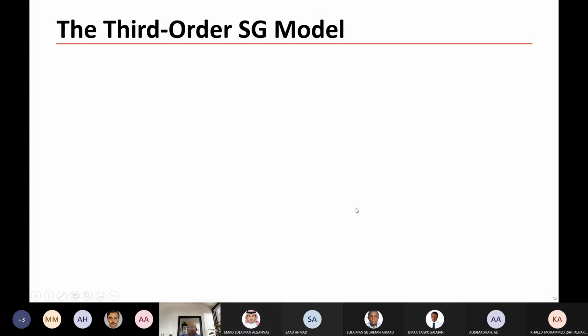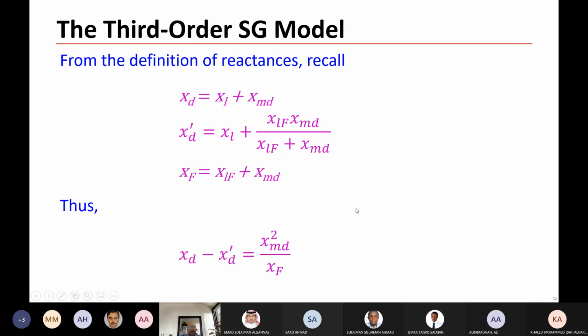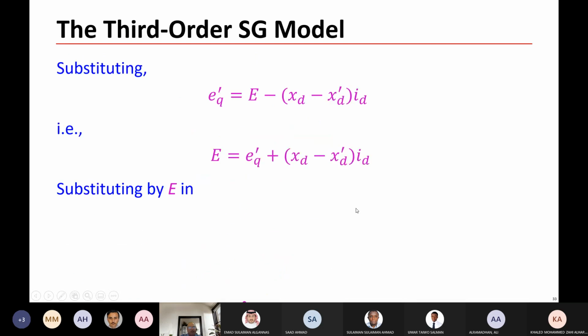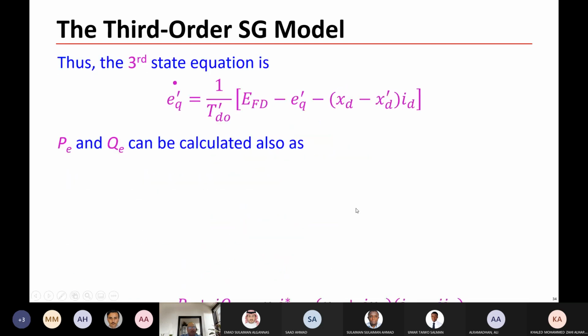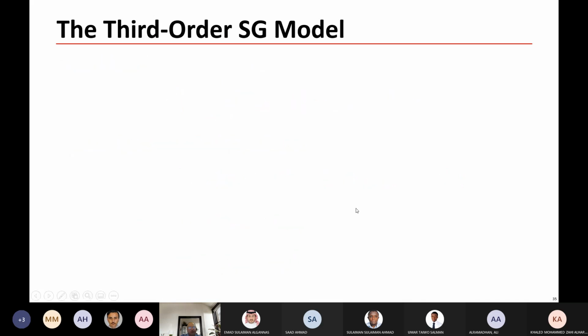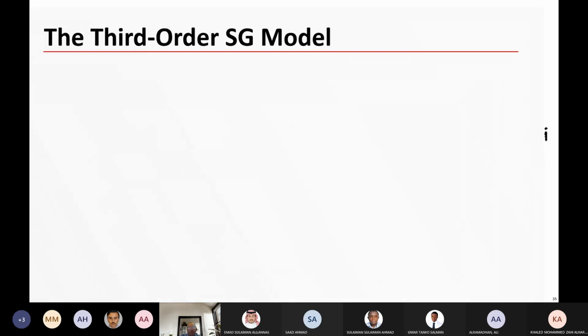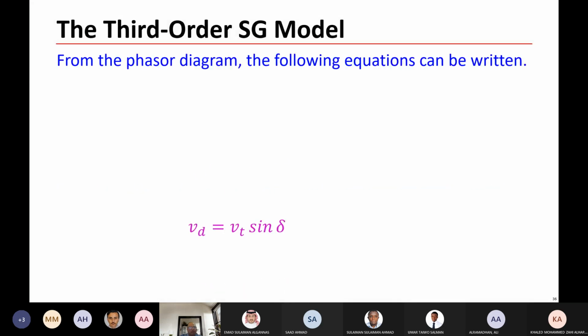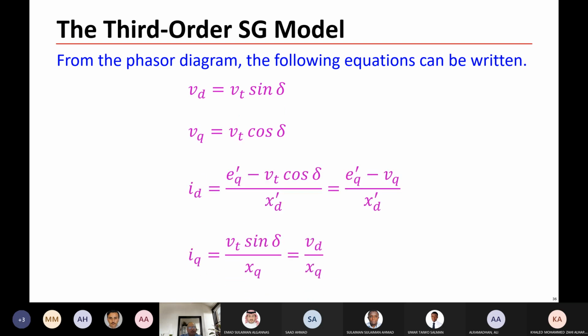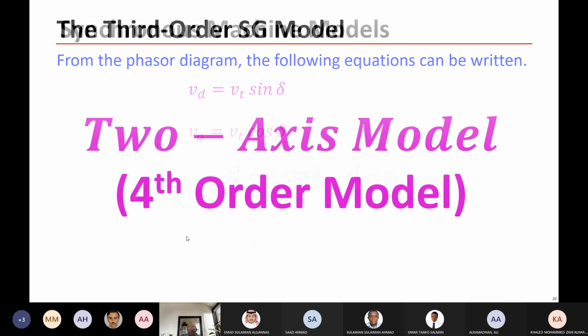Okay. So this is the derivation, and this is the phasor diagram. These are the algebraic equations that we have: VQ equal to EQ prime and so on, and VD equal to XQ IQ.